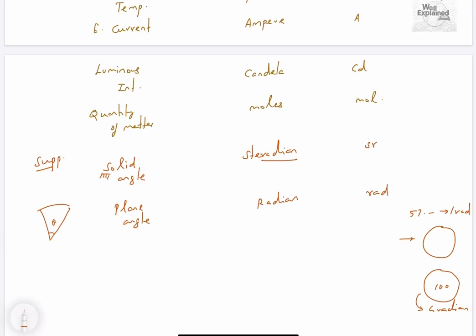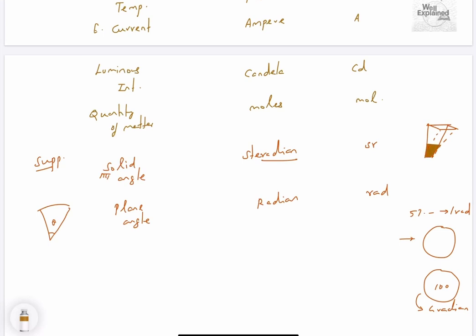Steradian is like for 3D space, you need to measure an angle. It's a bit hard to draw. Just bear with my drawing. Let's take something like this, this whole part.